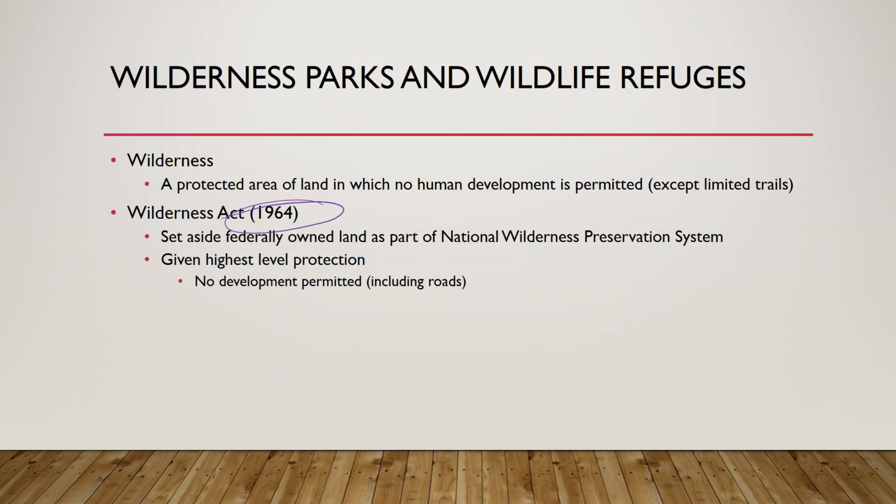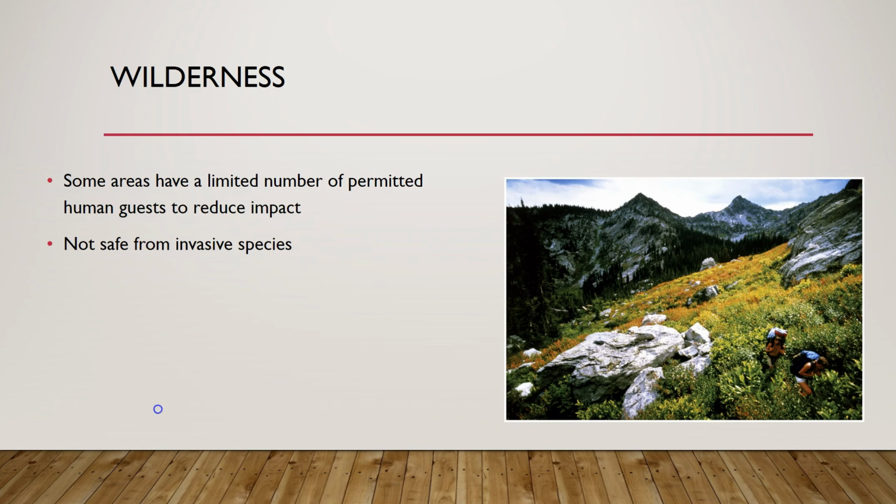They're given the highest level of protection. Depending on its location is which bureau or agency is in charge of managing it. Some areas have a limited number of permitted human guests to reduce impact. So typically if you want to go backpacking through wilderness areas, you fill out a backcountry permit and they allow a certain number of people in over time.